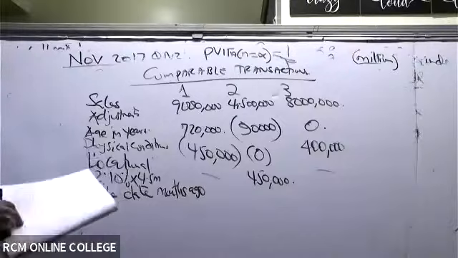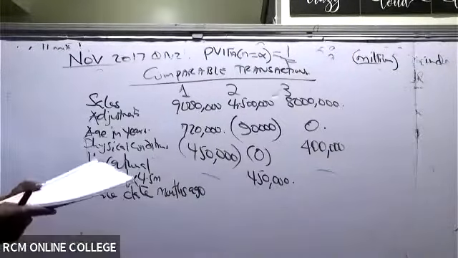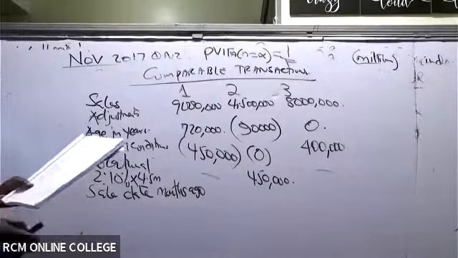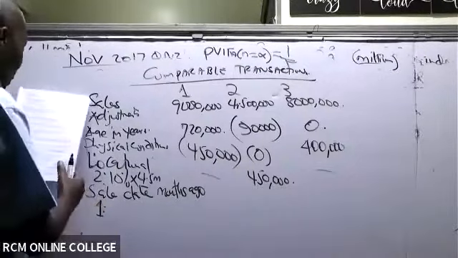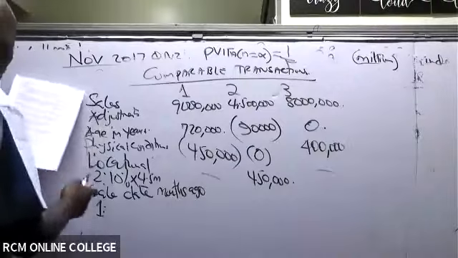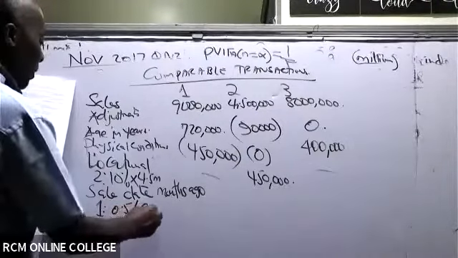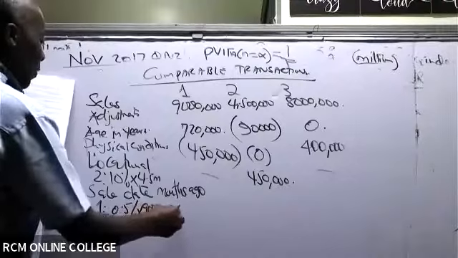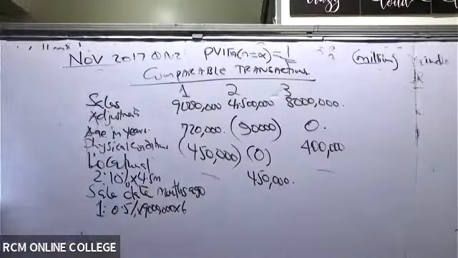So we start with property one. It will be 0.5% times 9 million. This is per month, and you can see property one was sold 6 months ago.